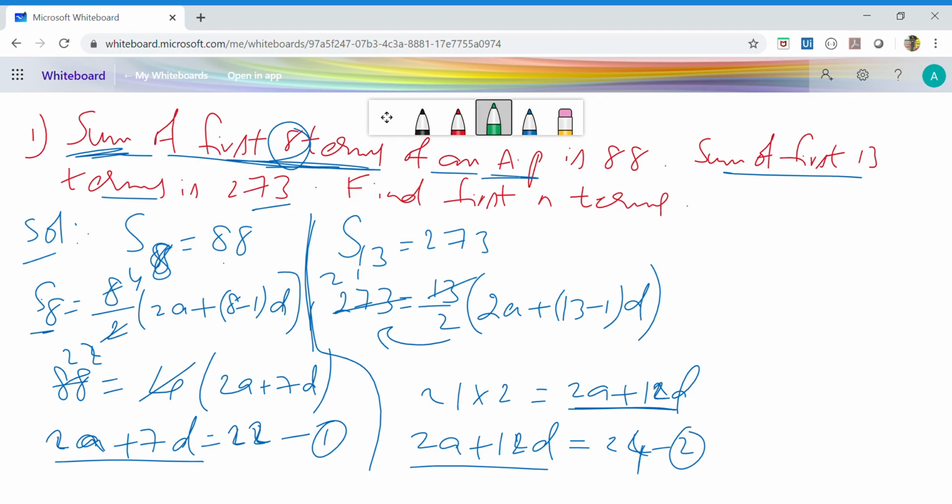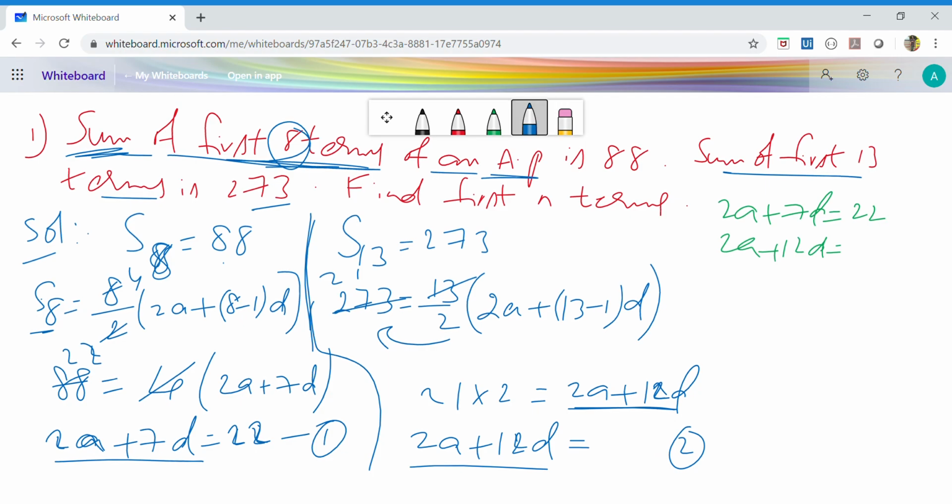By simplifying the two equations, 2a plus 7d is equal to 22 and 2a plus 12d is equal to, sorry, 42.